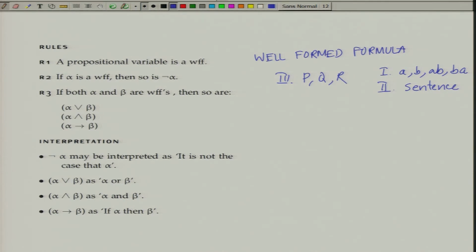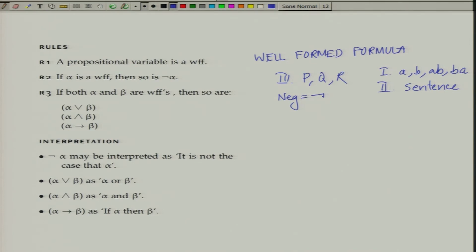Now the first formation rule, where the monadic operator operates, we say if alpha is a WFF, then so is neg alpha. We'll call this neg, which stands for negation. But once again, the interpretation is not important right now. Then the second formation rule, rule 3, is if both alpha and beta are WFFs, then so are alpha or beta.